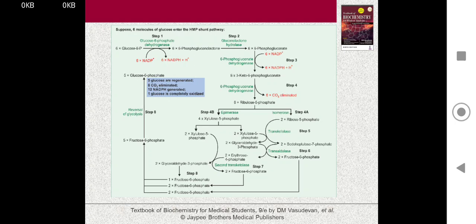Now in this reaction, erythrose 4-phosphate is generated, which reacts with glyceraldehyde 3-phosphate to form fructose 6-phosphate. Now fructose 6-phosphate enters the pathway of glycolysis to form fructose 6-phosphate and glucose 6-phosphate.